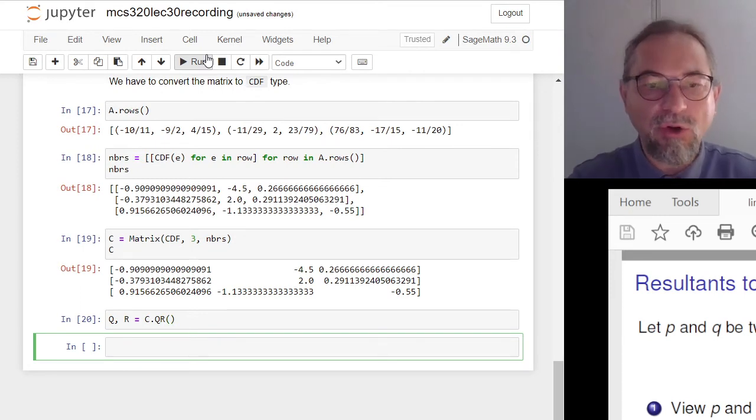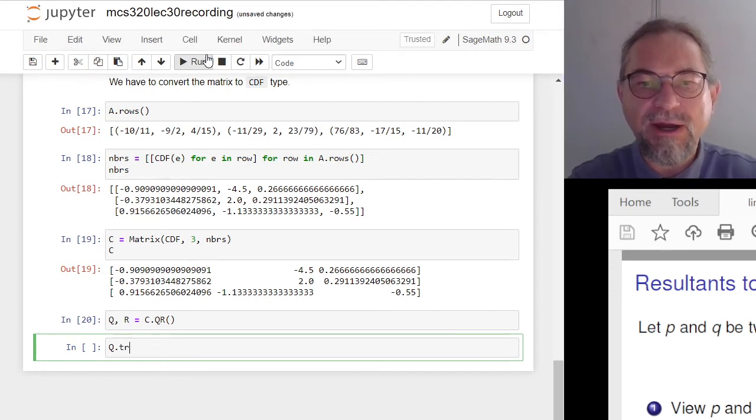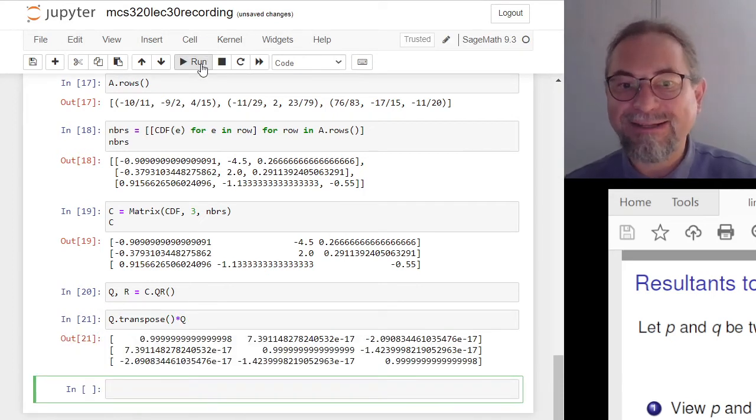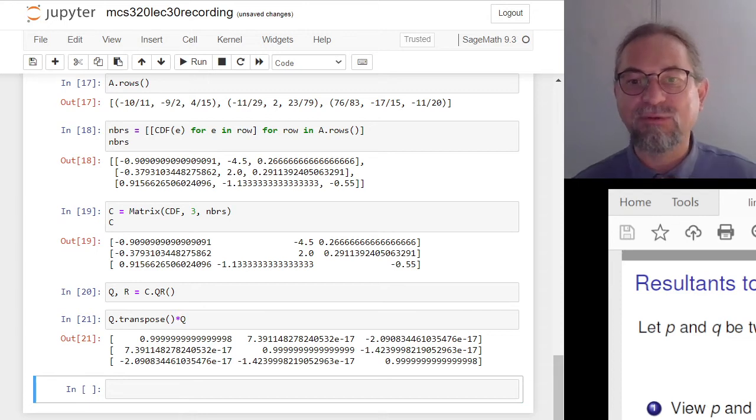The Q is orthogonal. I can look at this, but this is just a matrix of floating point numbers. So I can take the transpose times Q, and that will be the identity matrix. So you see that I have 0.99, so I have actually not really one, but up to the round off, I have the identity matrix. The off-diagonal numbers are less than the machine precision.